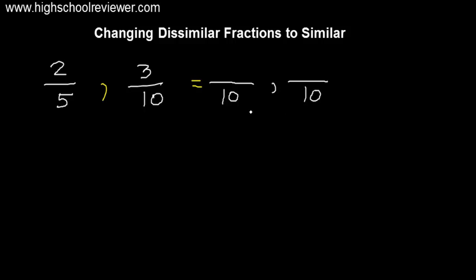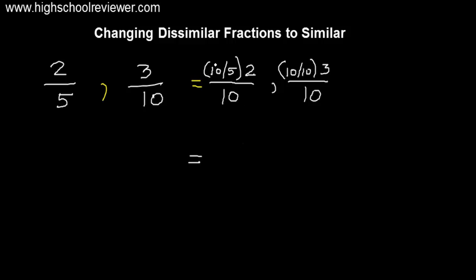And for their numerators, the first numerator will be 10 divided by 5, and then multiply the quotient by the numerator, which is 2. The same step on the second numerator: we will divide 10 by 10, and then multiply the quotient by 3.